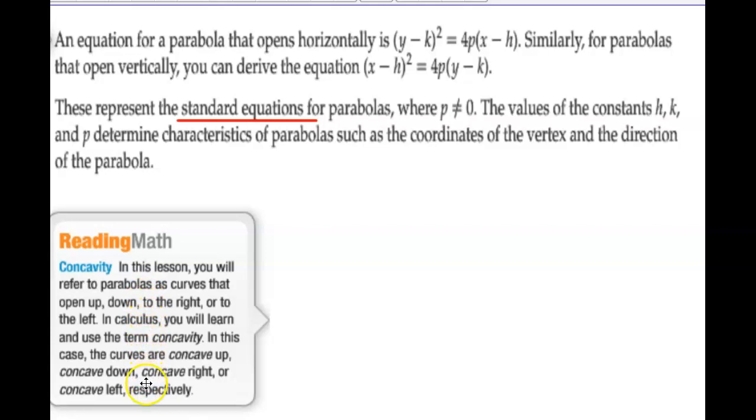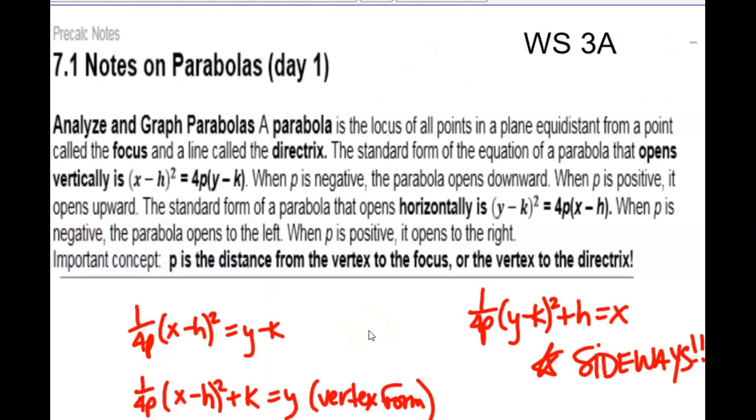In calculus, you will use the term concavity, concave up, concave down, etc. All right. So this is what vertex form looks like. And if you talked about these last year, you used this idea of 1 over 4p. And this one would be sideways, which nobody did last year.